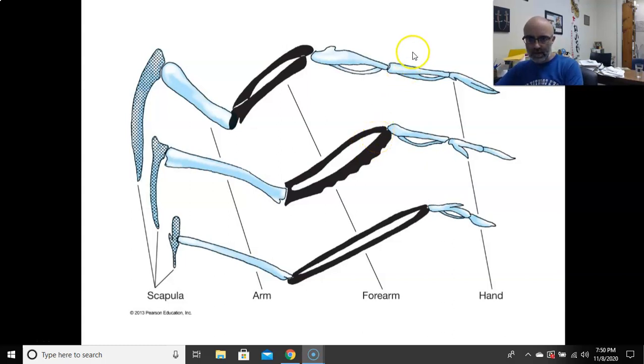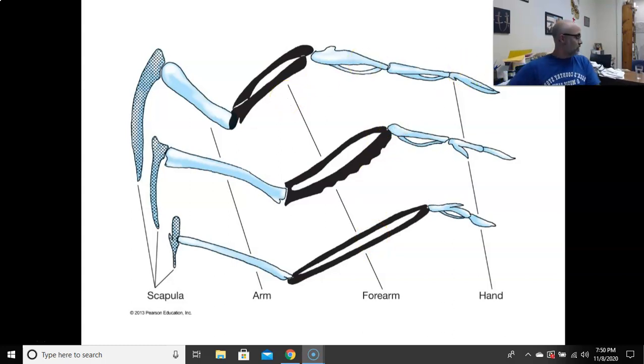So a wing that's shaped like this would be much better for thrust than this one, and a wing that has a long ulnar length and therefore a lot of surface area for feather attachment would be very good for lift.